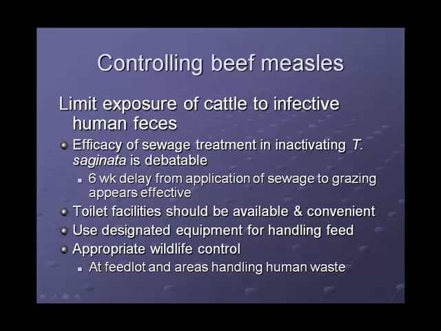And then again, similarly from a quality control standpoint, control wildlife, particularly at the areas where the animals are going to be housed, but also if we can minimize the contact that wildlife has with human waste, then you minimize the potential for them picking it up and carrying it anywhere else.